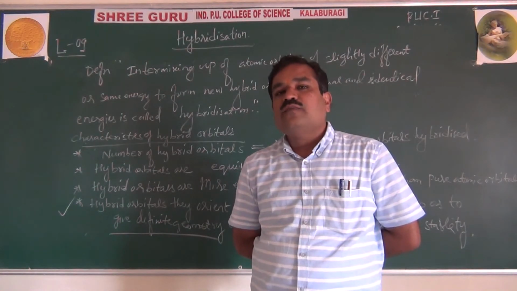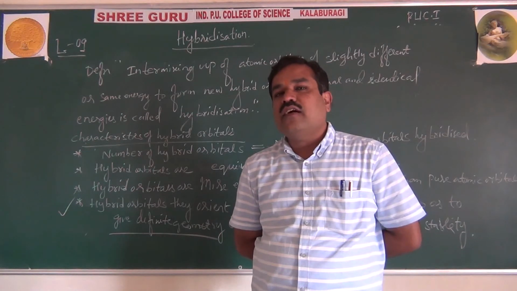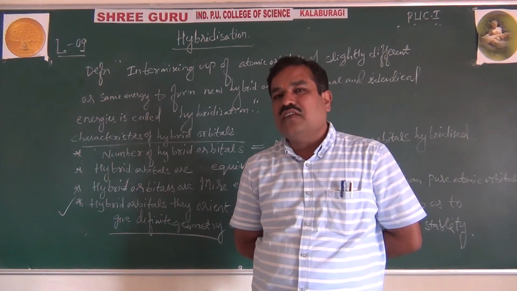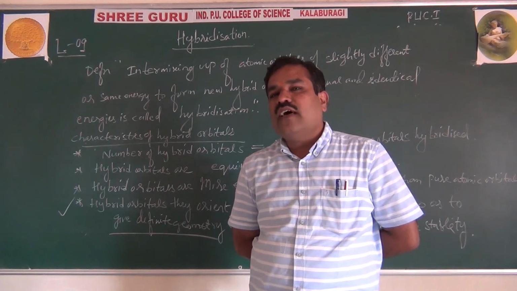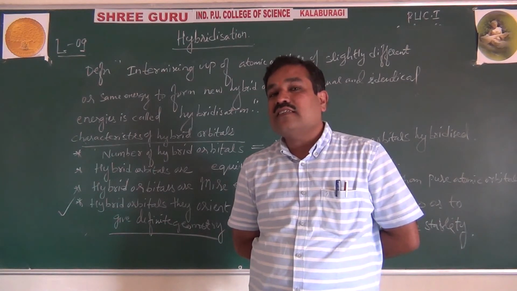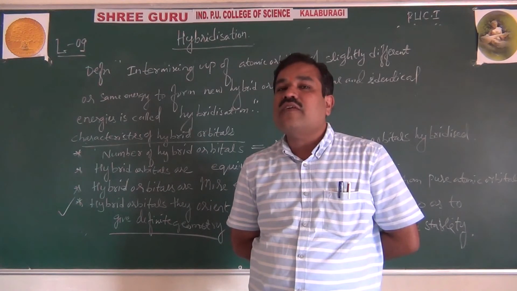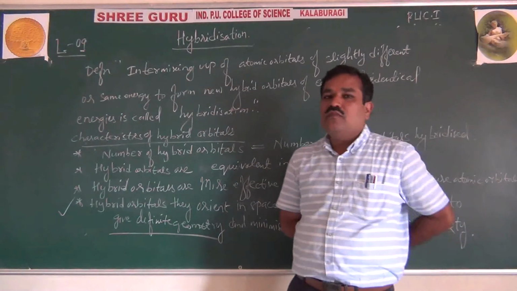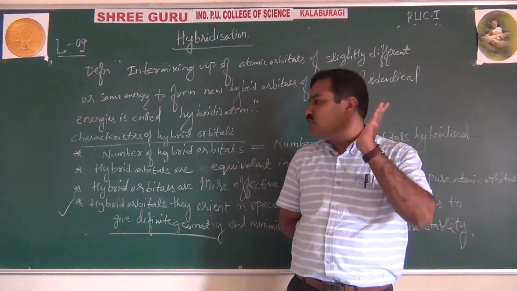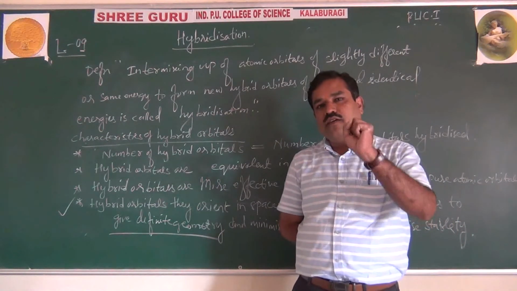Then sp3d3 lastly, that is pentagonal bipyramidal. That means all 6 angles are 90, one is only 72 degree. Like this, they will give definite geometrical shape, which is very, very important.